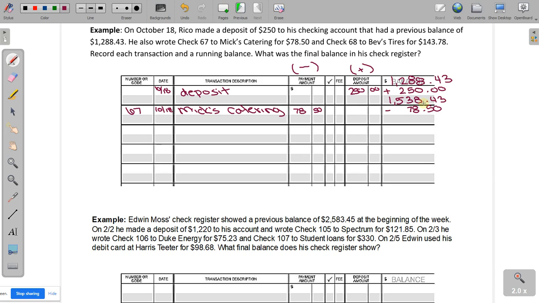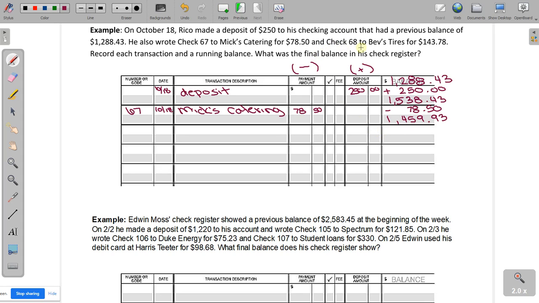So take the balance beforehand, the running balance, and subtract out $78.50, and we get $1,459.93.